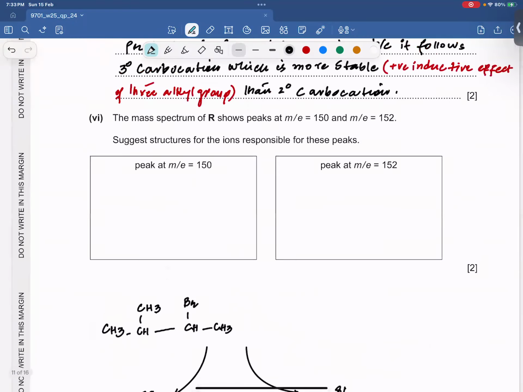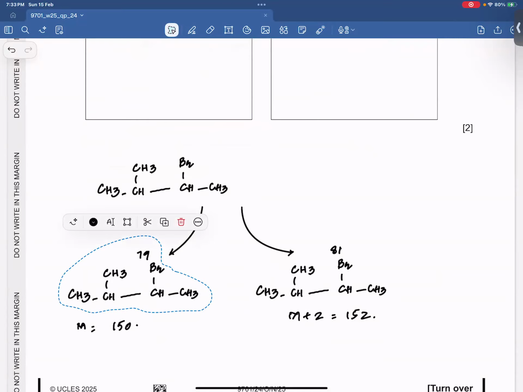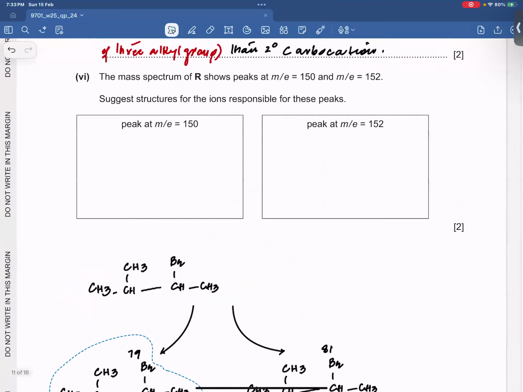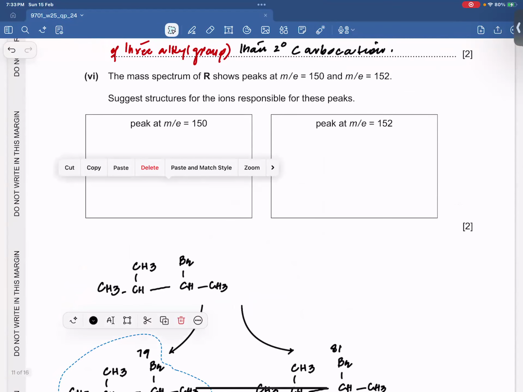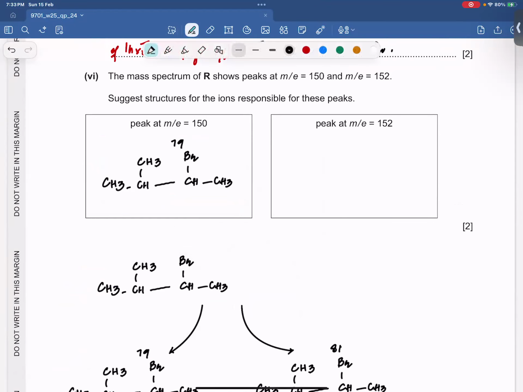So the examiner is looking for the structure of ions. So this is going to be the ion. And obviously, as per my lecture, you need to mention bracket and then positive charge.